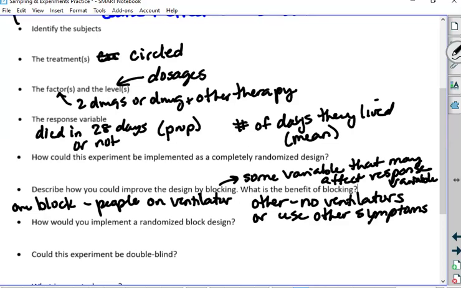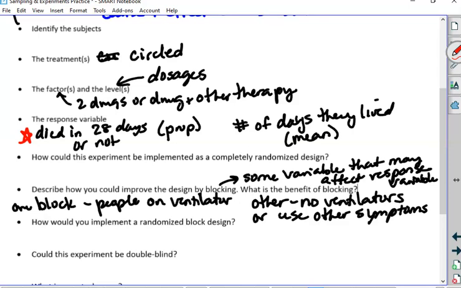Yeah, I think it's probably more likely to have been the first one. This is probably what they did. But I'm just saying, depending on what they measure, you're either going to have a mean or a proportion in this case. If we did a chi-square, you maybe had counting, but I don't see a chi-square one on this one necessarily. You could also maybe have measured other symptoms, like, if there was some way to measure lung capacity or breathing capacity, or number of days on a ventilator.